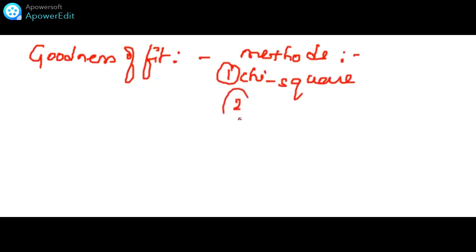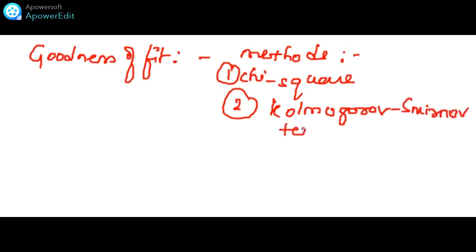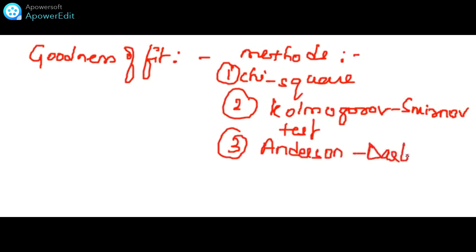Number two, the Kolmogorov-Smirnov test. Number three, the Anderson-Darling test. And the last one is the Shapiro-Wilk test.